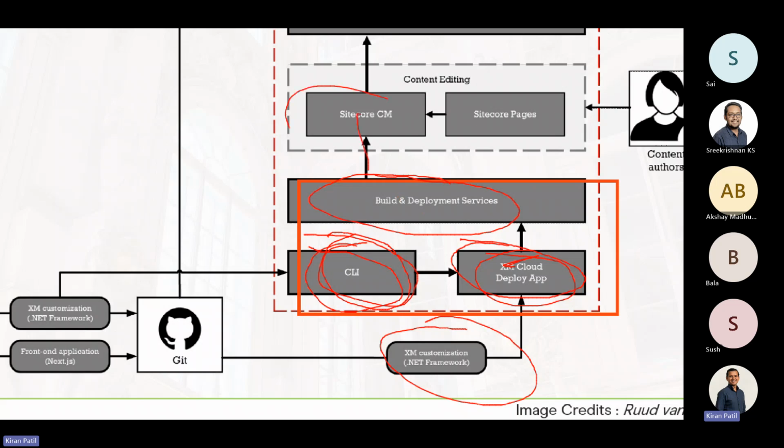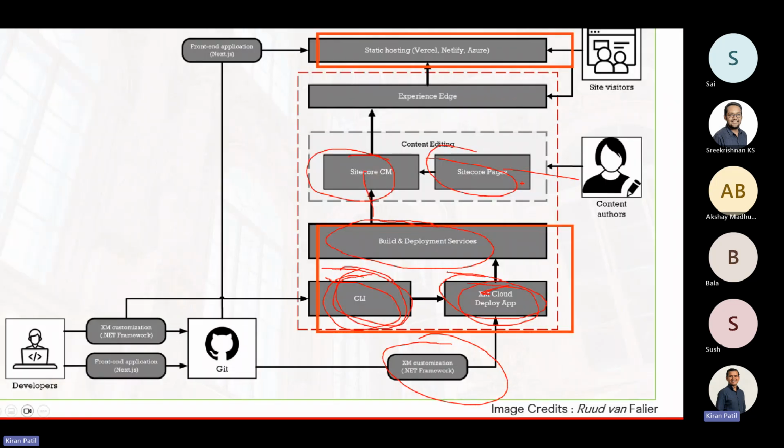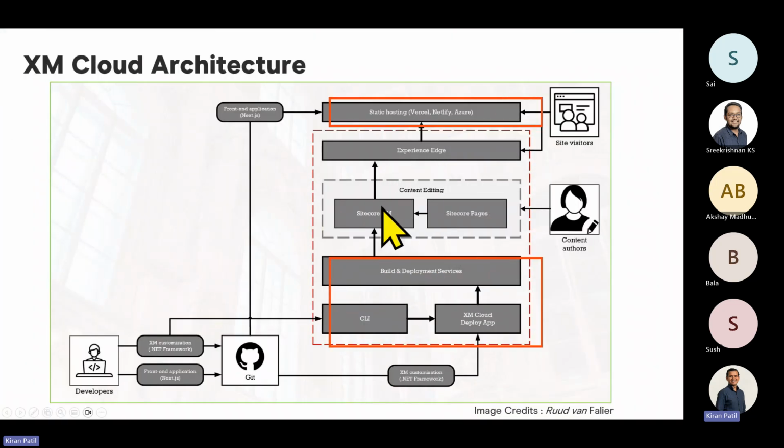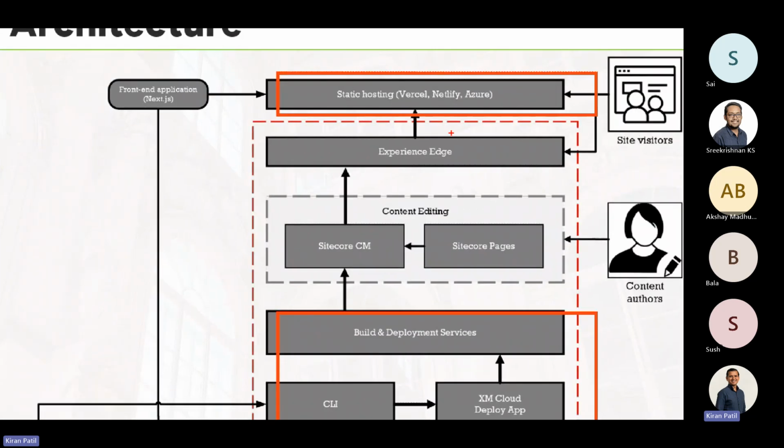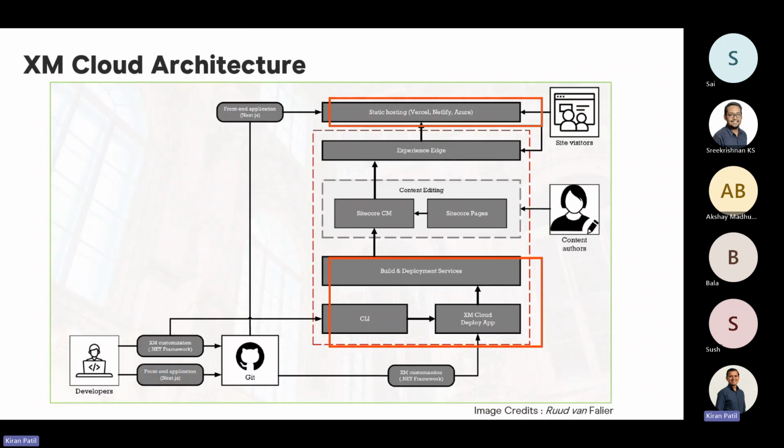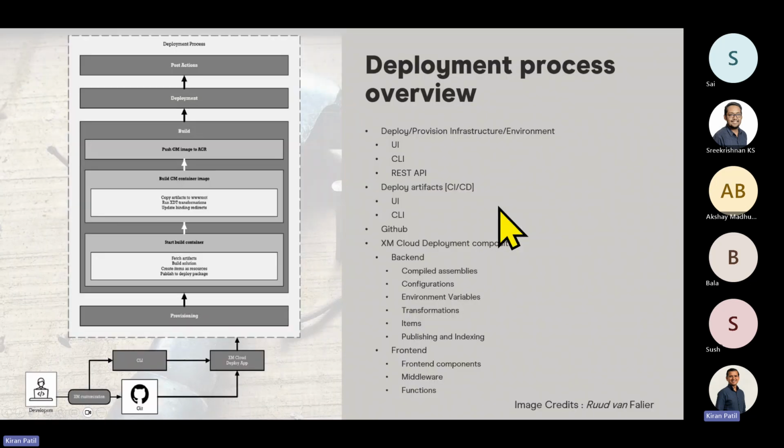They deploy to the Sitecore CM environment, which is your XM Cloud instance, and then Pages connects to it. Authors mainly use Pages, and when you publish the content, it goes to Experience Edge. Then Vercel or Netlify will fetch the content from Experience Edge, either at runtime or at build time, based on your pre-rendering configuration. That's how the whole XM Cloud architecture works.